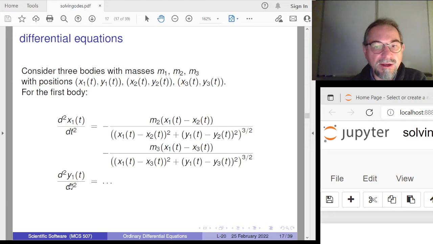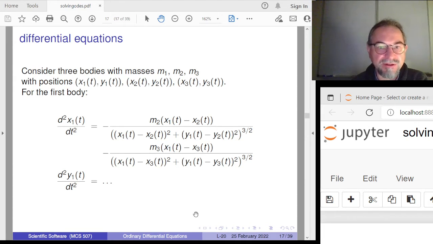And I wrote down here on this slide the first equation for the first coordinate. There is a lot of symmetry, so we have the distances that are going to repeat. In the second equation, the second coordinate for the first body, the denominators are going to be the same, but the numerators will differ.